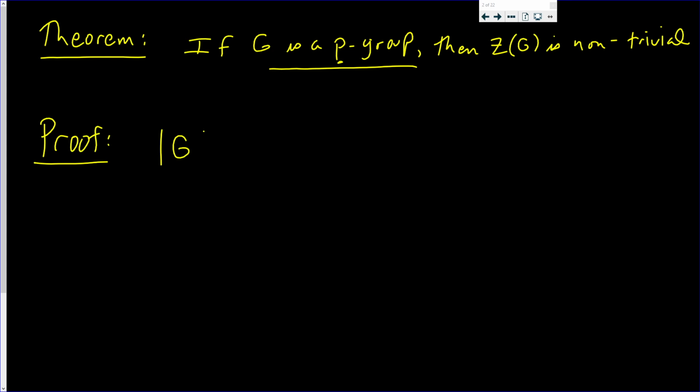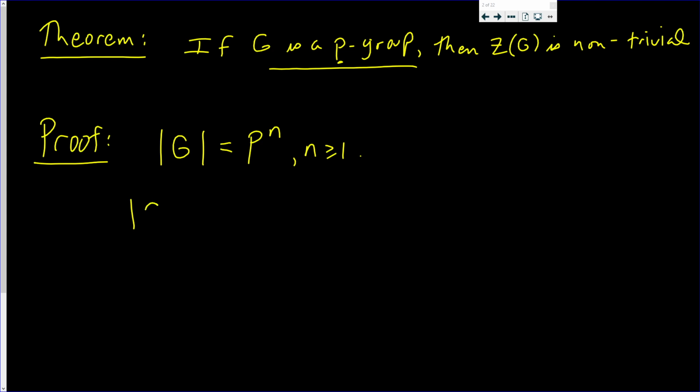The order of G is going to be p^n, where n is at least 1, because if n is 0, p^0 is 1, and 1 is not prime. And of course, n is an integer.